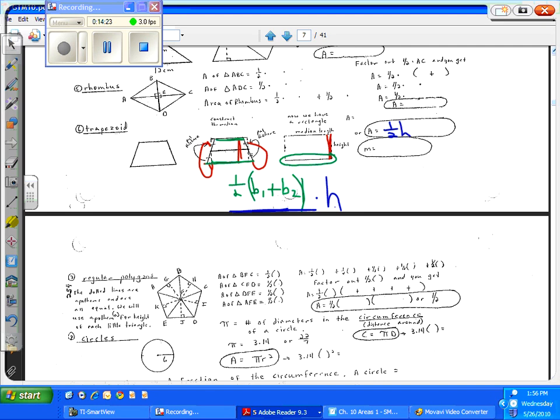If I scoot the height over to here, half the sum of the bases is the median. So if we replaced half sum of bases with median, then we could say that the area is median times height. Okay?